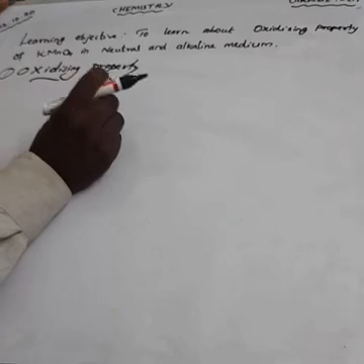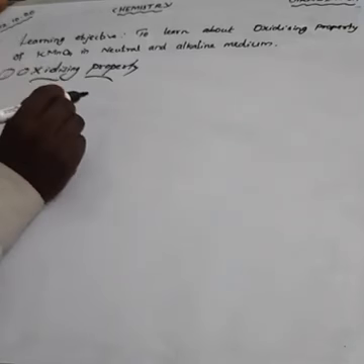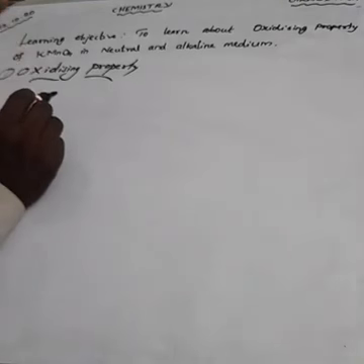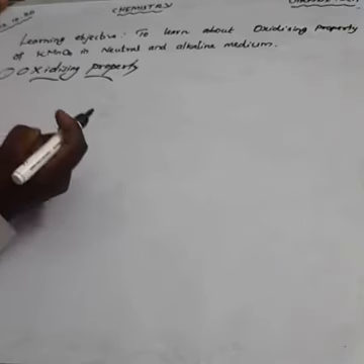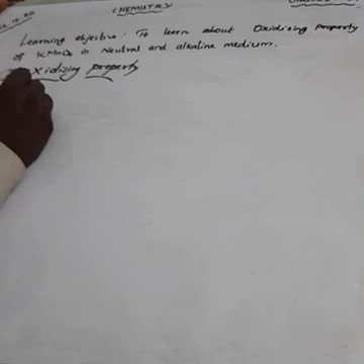Potassium permanganate is a strong oxidizing agent. Its oxidizing action differs in different reaction media, for example neutral medium, alkaline medium, and also acidic medium. We can discuss the first one, neutral medium.